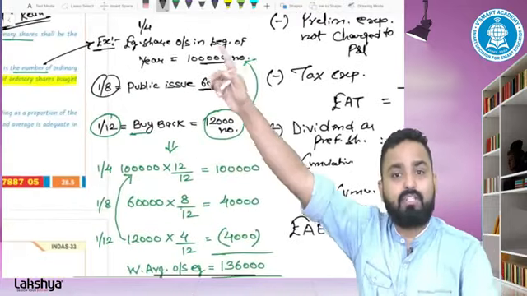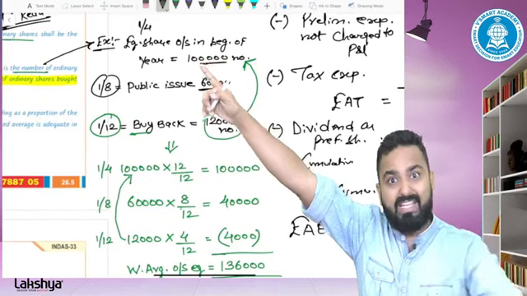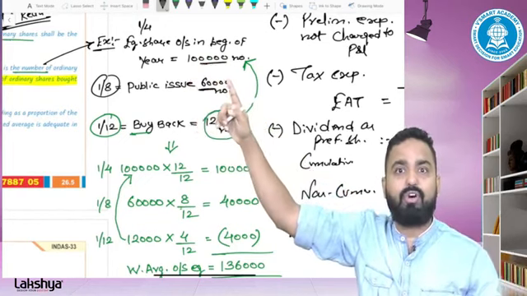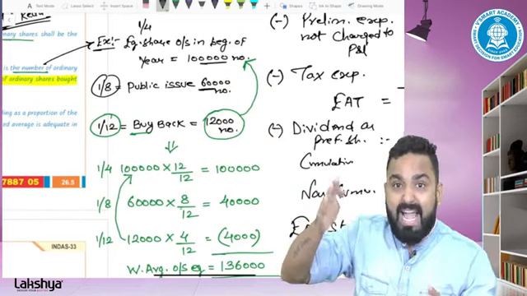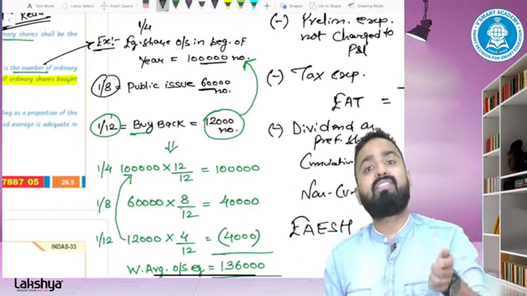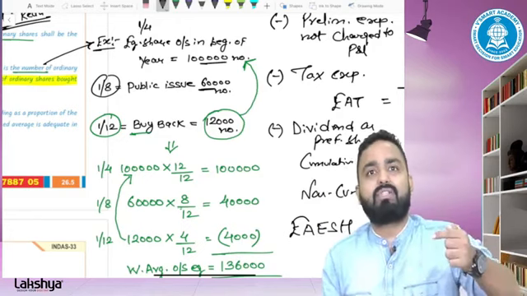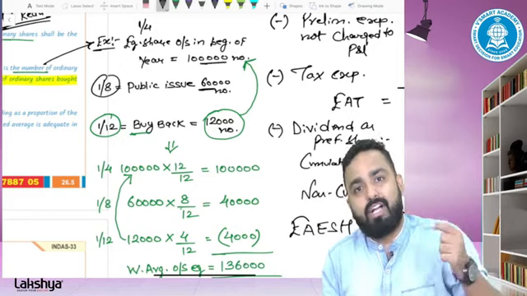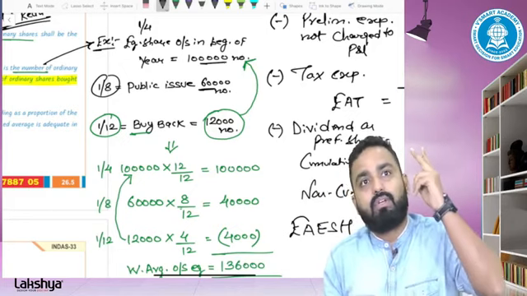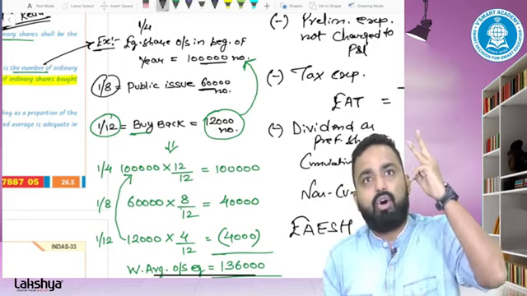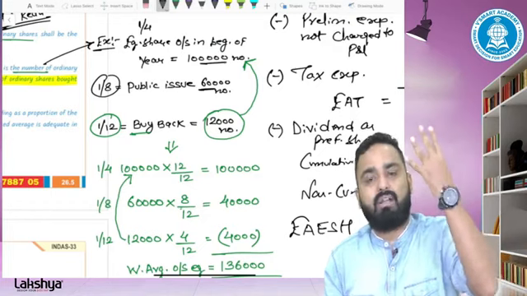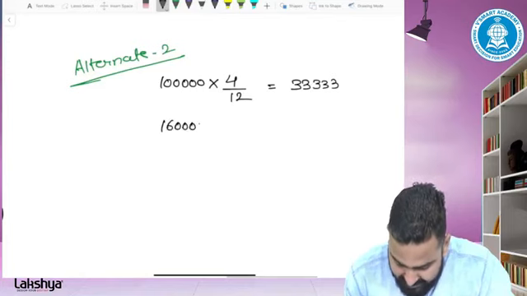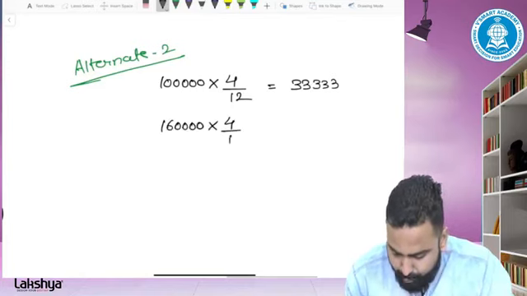After July, in the month of August, a new public issue was made, 60,000. So 1 lakh plus 60,000 becomes 1,60,000. Now 1,60,000 were outstanding from August onwards: August, September, October, November. So 160 were outstanding for 4 months.